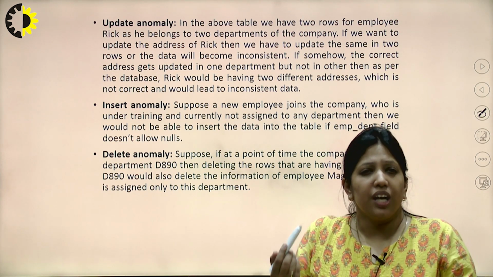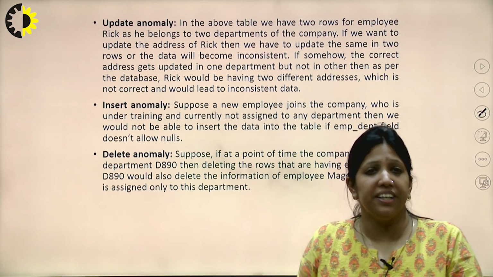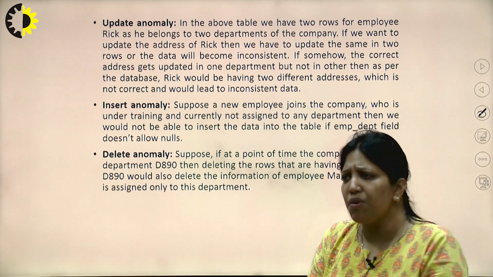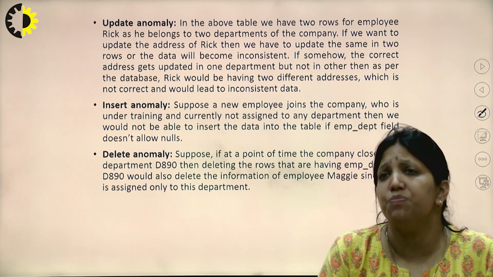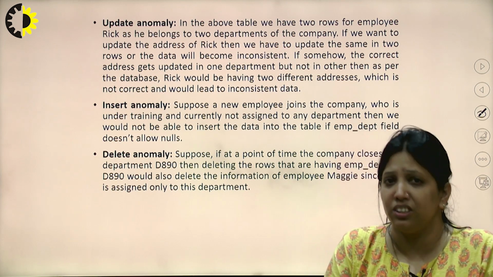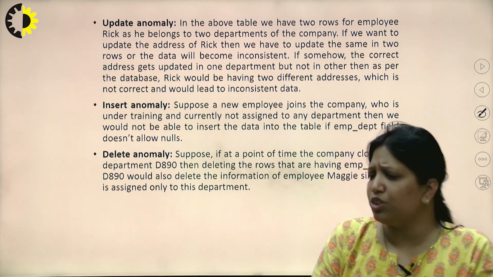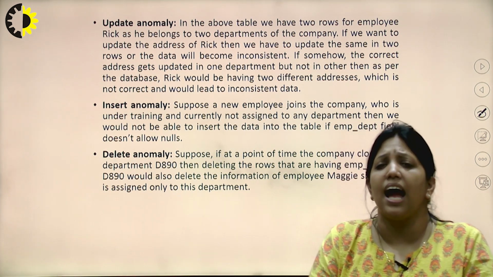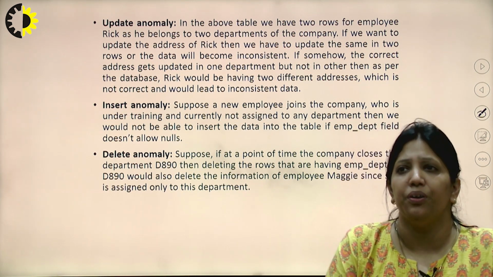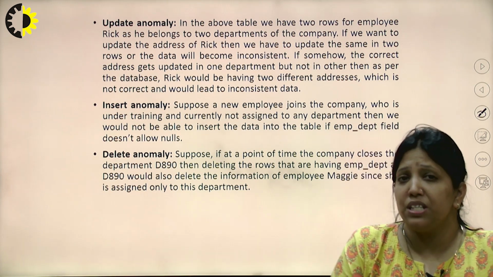So the corrected address gets updated in one department, but if that is not updated in the other department also, then the database becomes inconsistent. This type of updation anomaly may occur if we have redundant data, or if we have not applied normalization. For Rick we have two different departments, and if we change his address only in one department and not in the other, then the database becomes inconsistent.